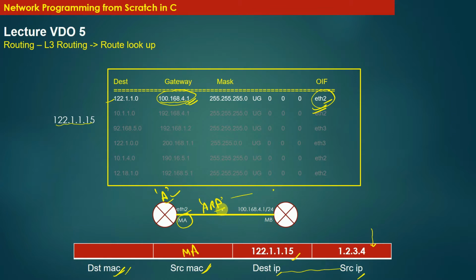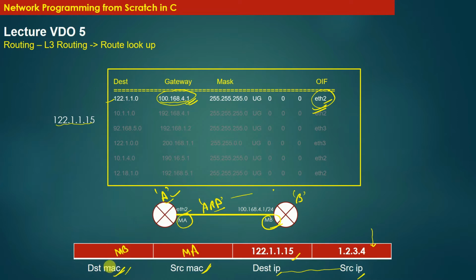Of course, this ARP broadcast request will be received by router B. And router B will reply with the ARP reply saying that, hey, the MAC address for the IP address 100.168.4.1 is MB. So router A now knows that the MAC address of the next hop is MB.